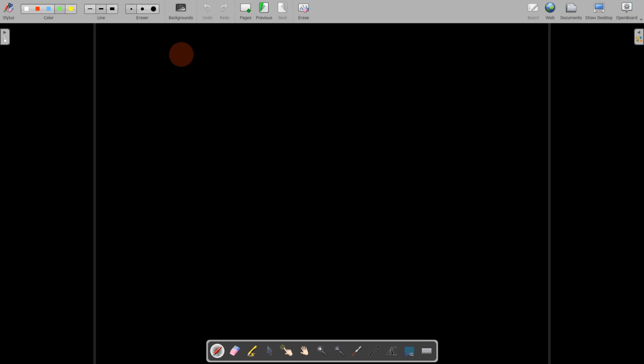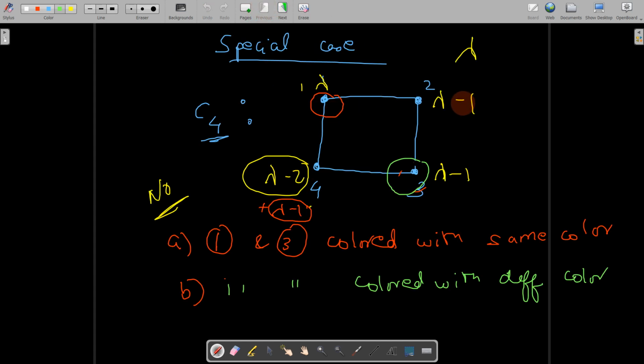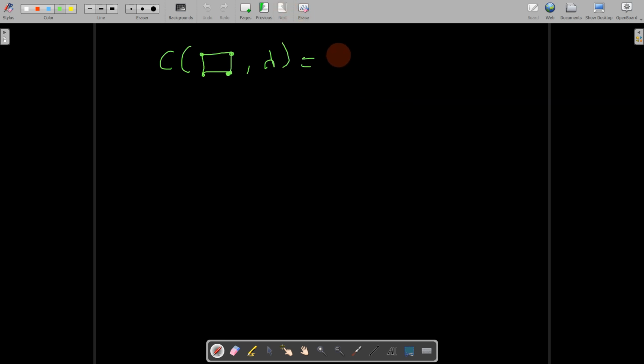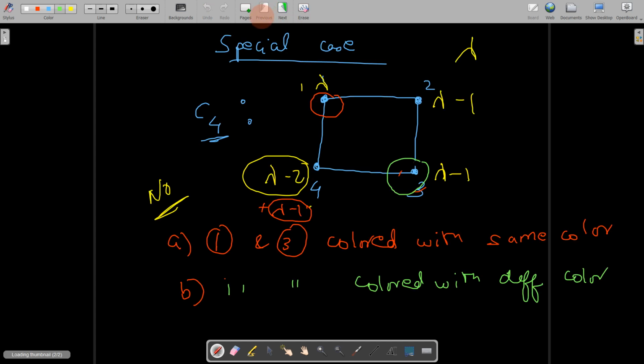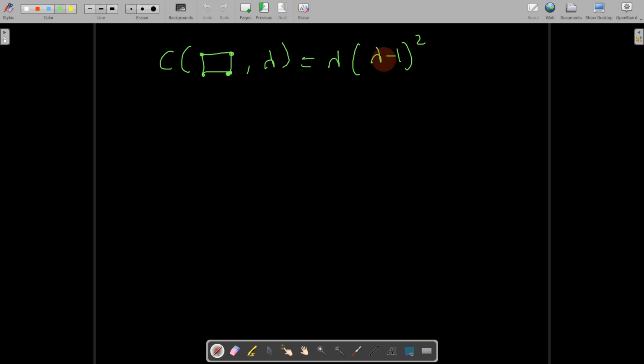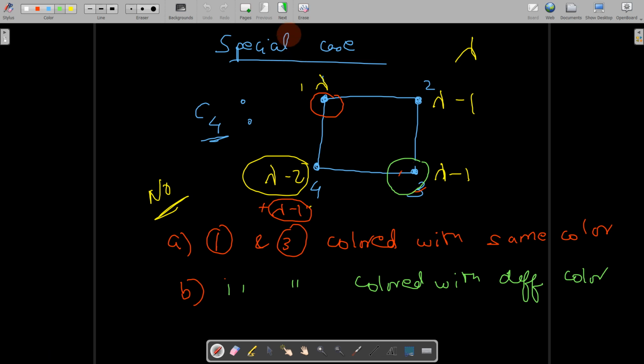So the chromatic polynomial for this graph using lambda colors will be equal to lambda into lambda minus 1 squared, into lambda minus 2, plus lambda into lambda minus 1 squared, into lambda minus 1.